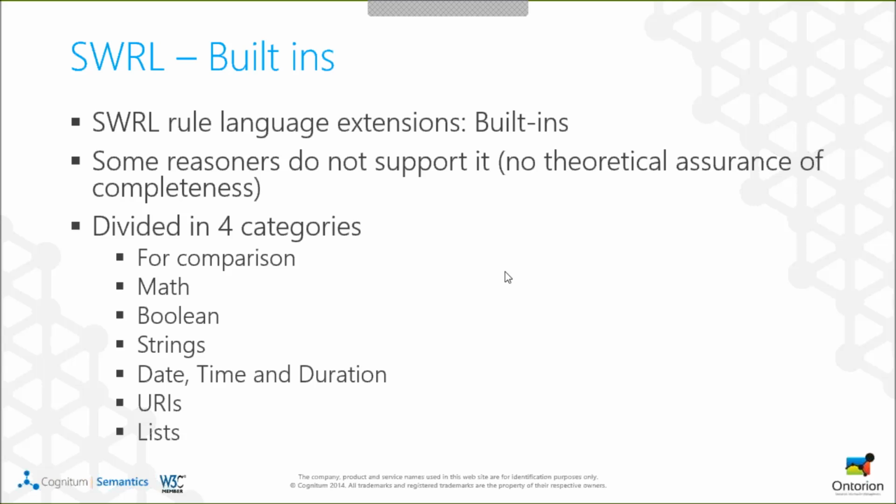It's not 100% sure that everything can be reasoned when you are using built-ins, but they are so useful that in reality a lot of people are using them, and in practice it doesn't seem to be a big problem for reasoning, also because in general rules can be treated quite efficiently.